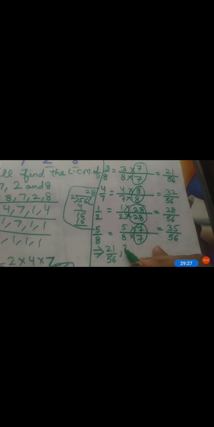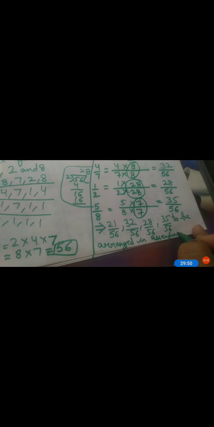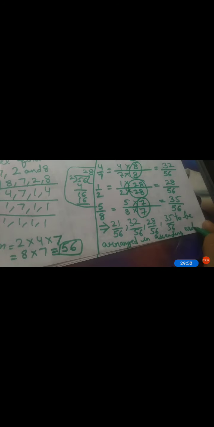So that implies, now denominators are same. 21 upon 56, 32 upon 56, 28 upon 56 and 35 upon 56 to be arranged in ascending order. We will arrange them in ascending order to get our answer.